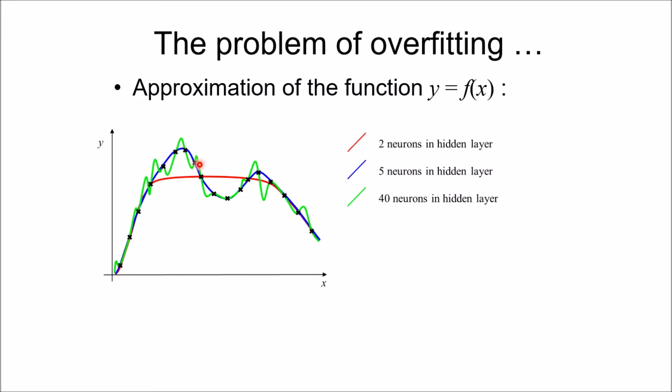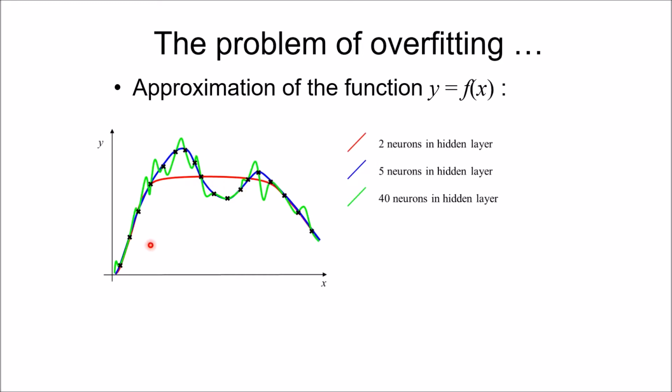The blue line, which consists of 5 neurons in the hidden layer, can be considered the nicely fit solution for this network. Whereas the red line is an example of underfitting, in which the model is unable to fulfill the requirements of the training dataset.